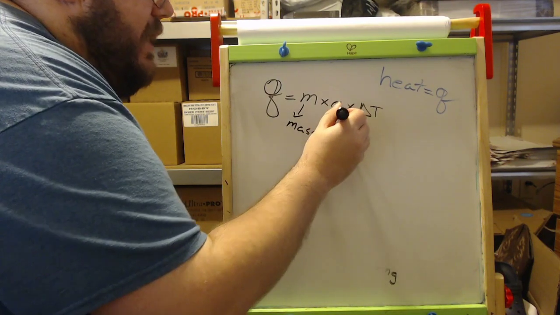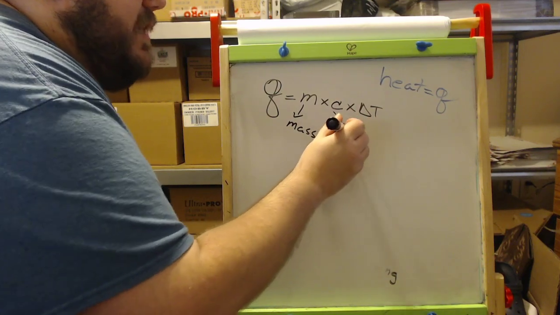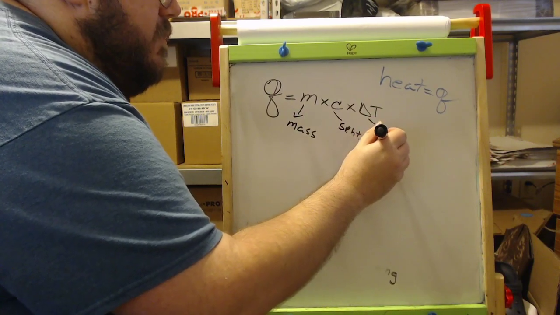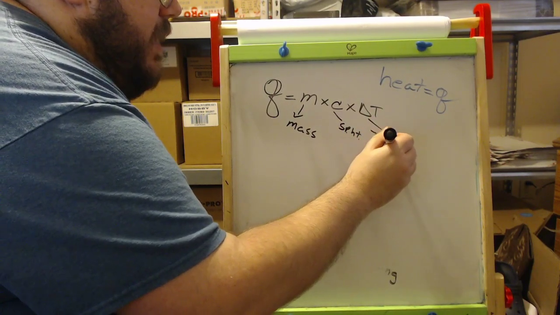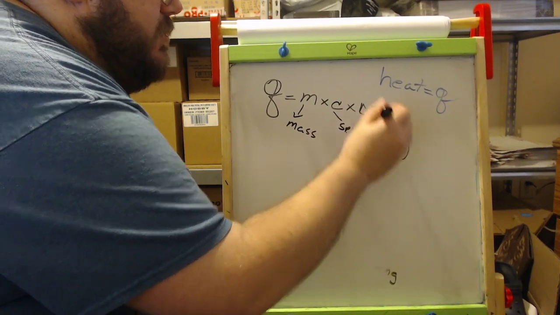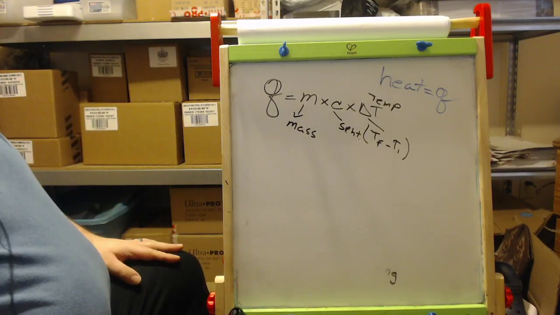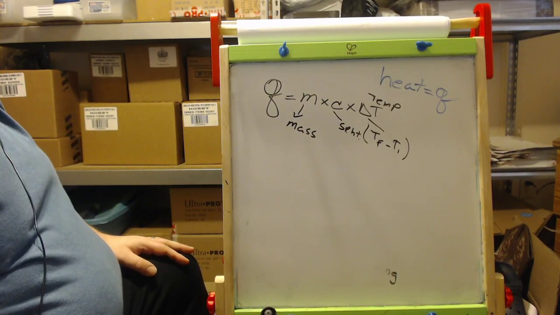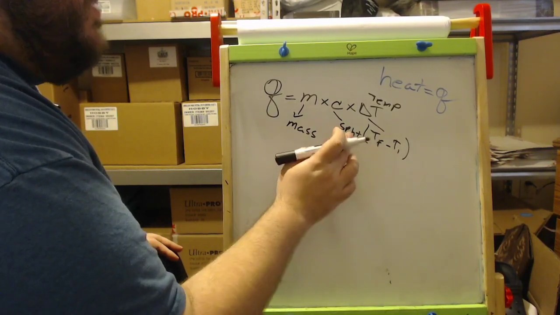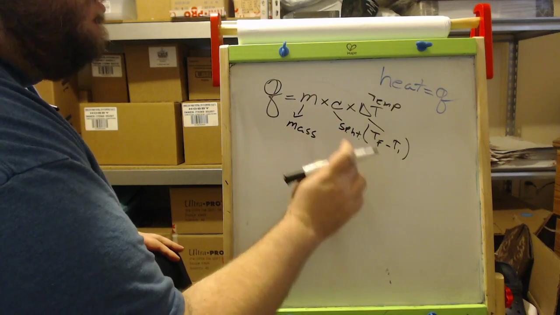C is known as the specific heat. We'll talk about that in one second. And change in temperature is essentially T_F minus T_I. The specific heat of a substance is the amount of heat required to raise 1 gram of that substance 1 degree Celsius.